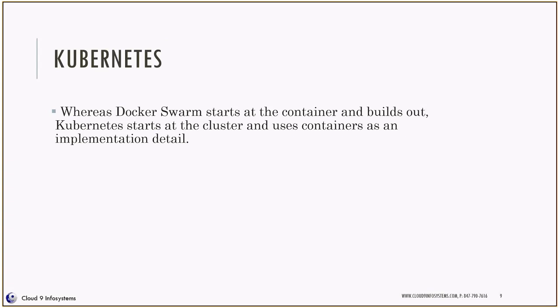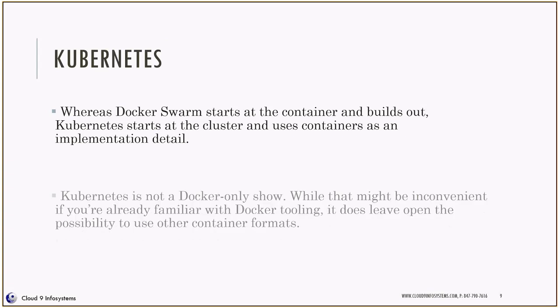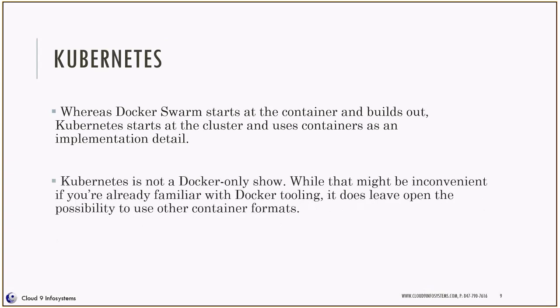That means it has active language specific libraries and other integrations added to it at all times. The modularity is extended to the containers themselves. Kubernetes is not a Docker only show. While it might be inconvenient if you're already familiar with the Docker tooling, it leaves you the possibility of using other container formats.